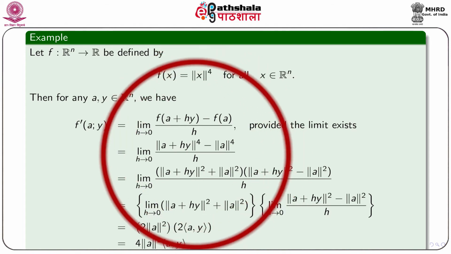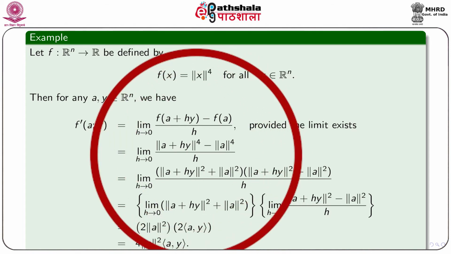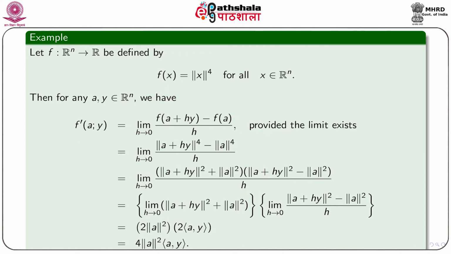We put the values of f(a plus hy) and f(a), and then we simplify it. We can divide the ratio in two parts for each of which the limit exists. After calculating, we find that f dash (a, y) equals 4 times norm a square inner product (a, y). In calculating the second limit, we took the help of our previous example.